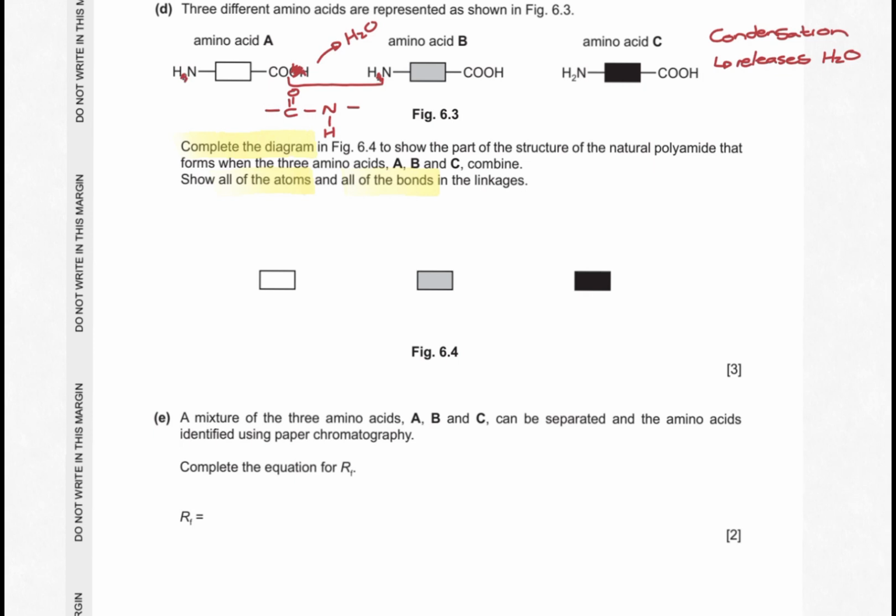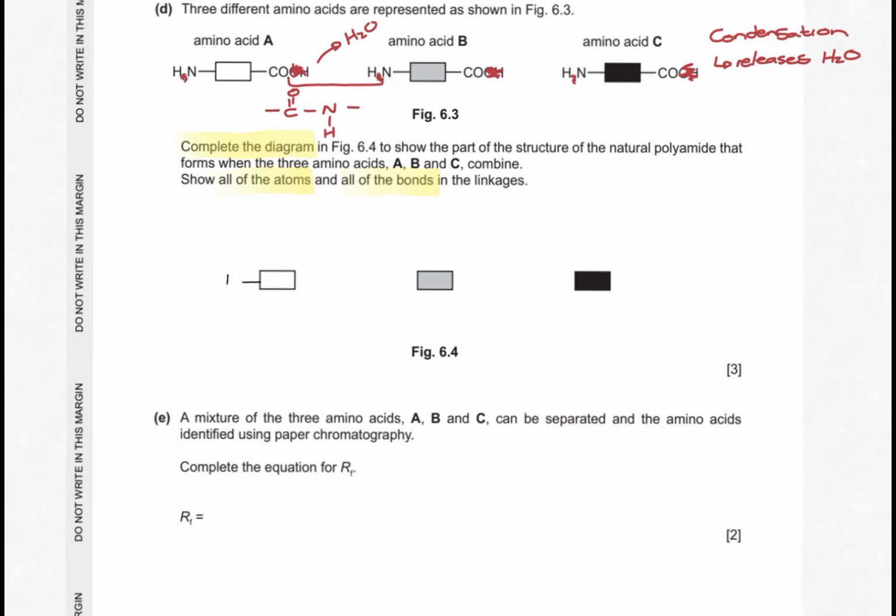Now remember, this will also happen to the other side of amino acid A where it loses one hydrogen, and also the other side of amino acid B where it loses an OH, and then the same for amino acid C. So we can then go draw the bonds into figure 6.4.